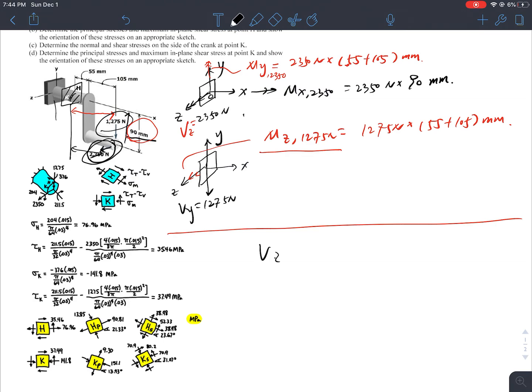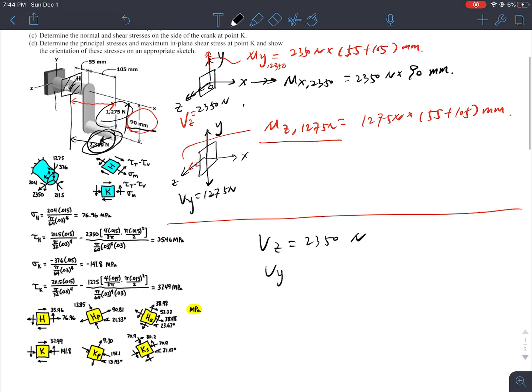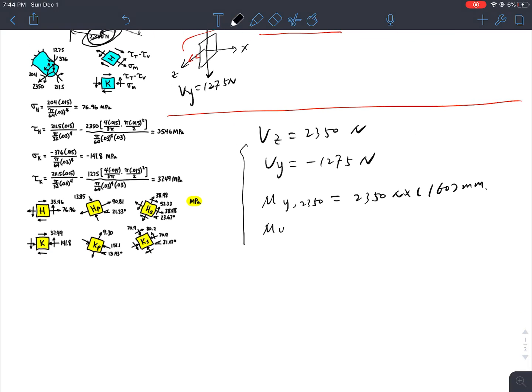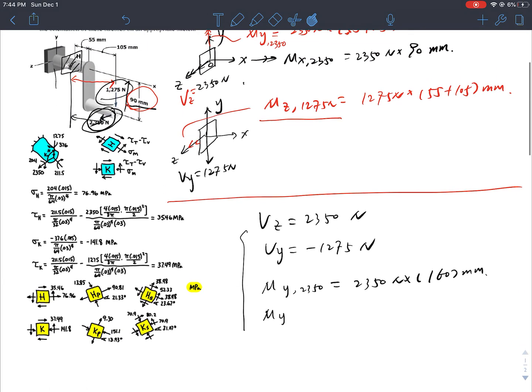So I'm making a list here. The shear forces I have: Vz equal to 2350 Newton, and Vy equal to 1,275 Newton. Moment I have: My caused by 2350 equals 2350 Newton multiplied by 50 plus 105 millimeter. And Mx, sorry, this is supposed to be Mz.